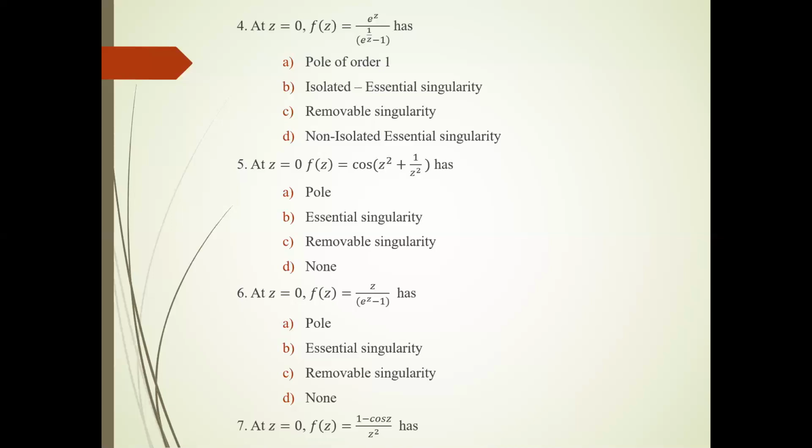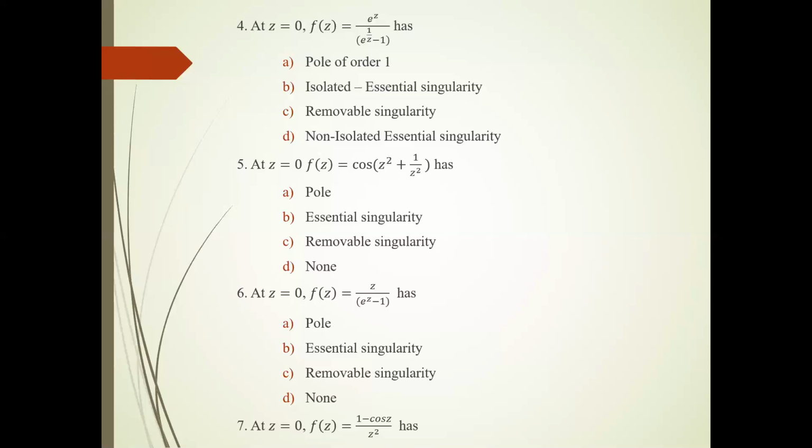The limit of 1 minus cos 0 upon 0. Cos 0 means 1, 1 minus 1 upon 0, which is 0 by 0, an indeterminate form. Apply L'Hospital rule. What do we get? The limit as z tends to 0: the derivative of 1 is 0, the derivative of cos z is minus sin z, with the minus sign we get plus sin z upon 2z.